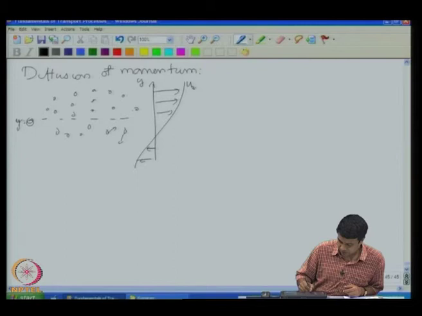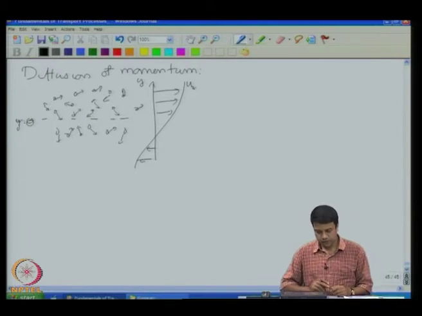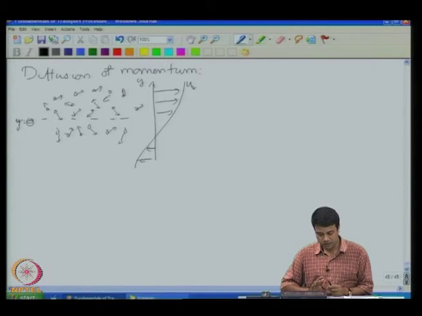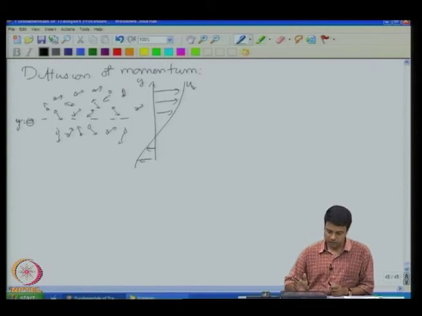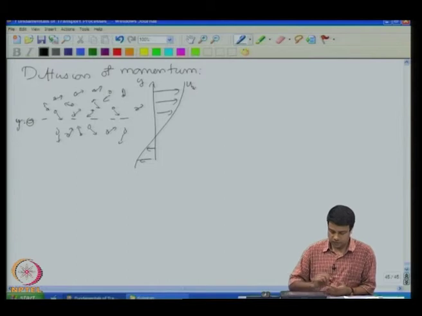And all of these have fluctuating velocities. However, there is also a mean velocity. So, the molecules on top are moving with a small mean velocity towards the right, the molecules below are moving with a small mean velocity towards the left.